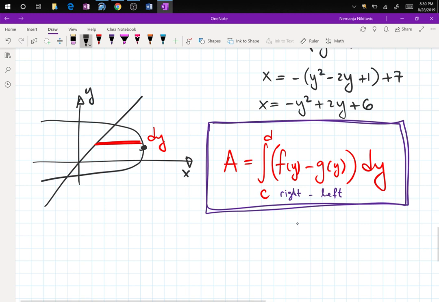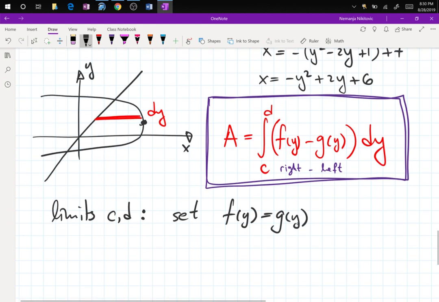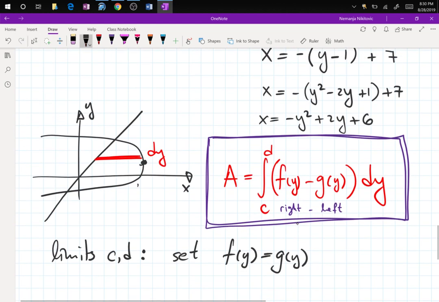So what is the area for this problem? Oh, I did not calculate C and D yet. Limits C and D. Set f of y equal to g of y. So f of y is the one that is further out.